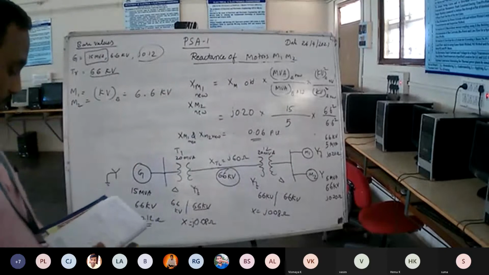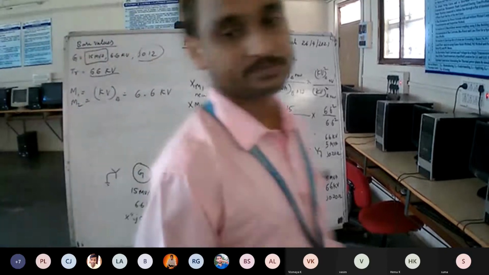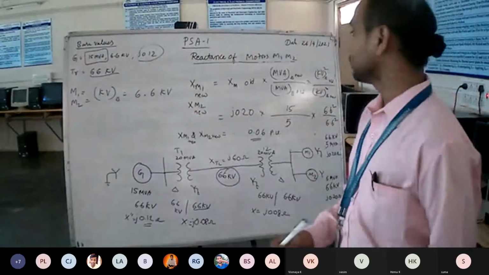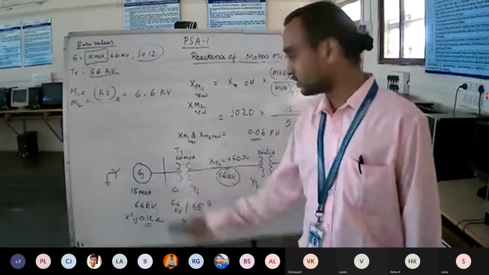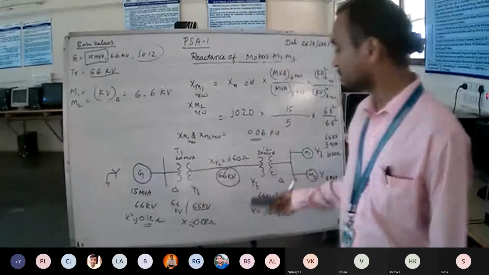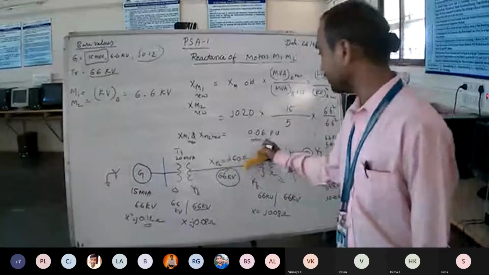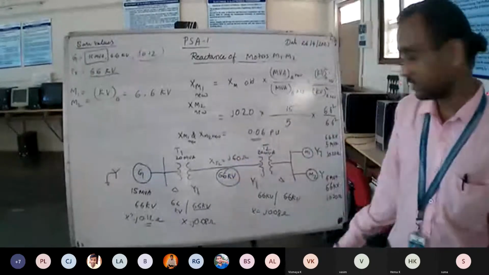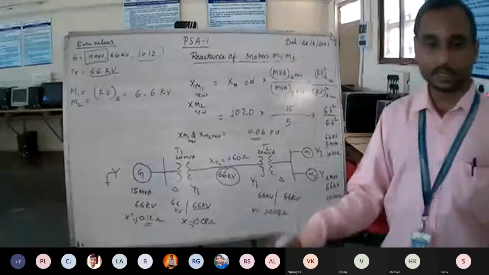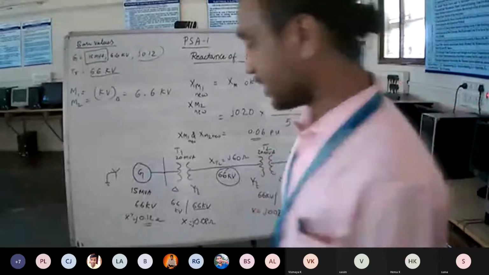Now we need to draw the reactance diagram for this. So you got all the values: the per unit reactance of the generator calculated, the transformers T1 and T2 calculated, the transmission line TL calculated, and motor 1 and motor 2 calculated. Right? Now draw the reactance diagram.